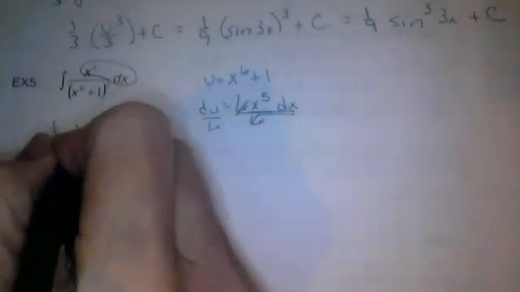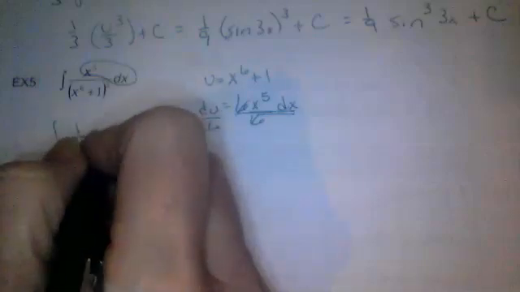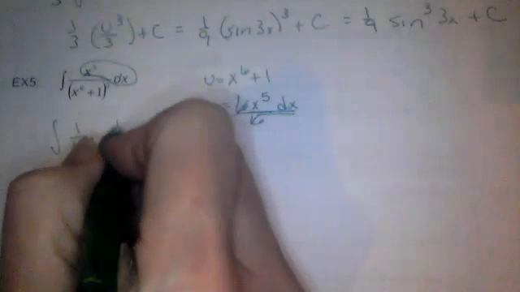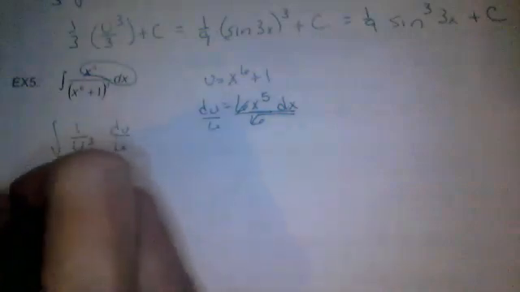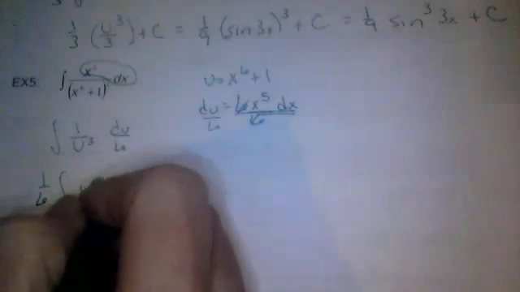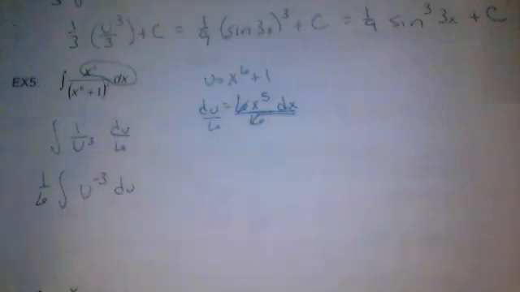So we're going to have the integral of 1 over u to the third, and then du over 6. Okay, so I'm going to bring the 1/6 to the front. I'm going to rewrite this as u to the negative 3 power, and then we can integrate that.